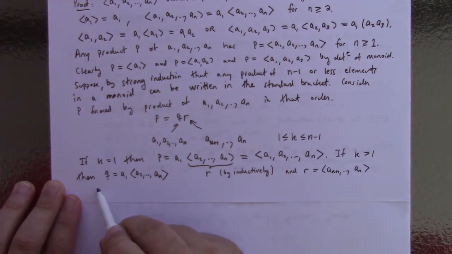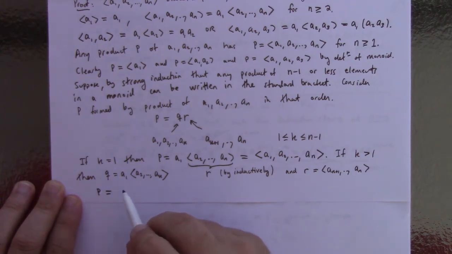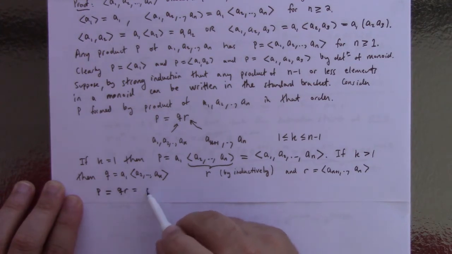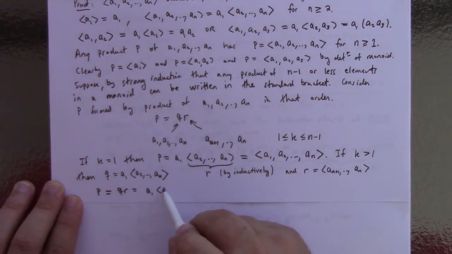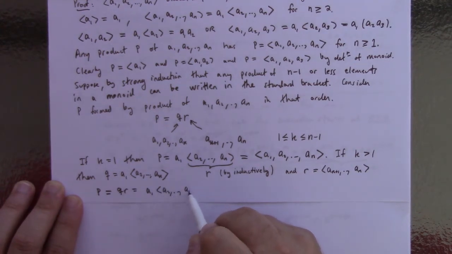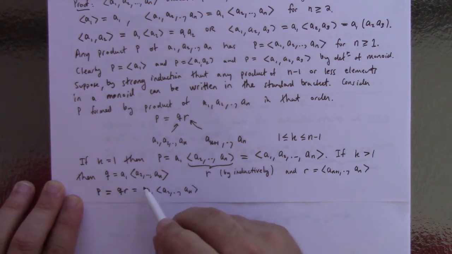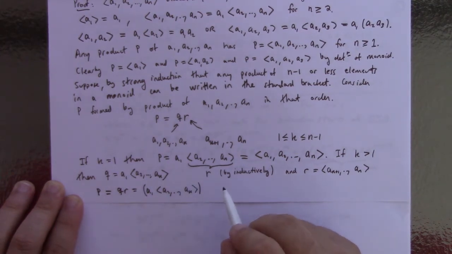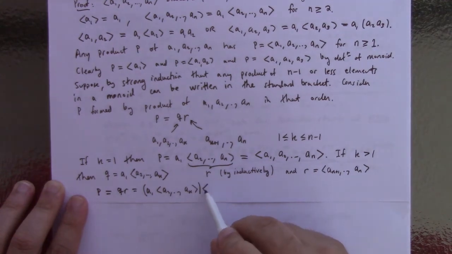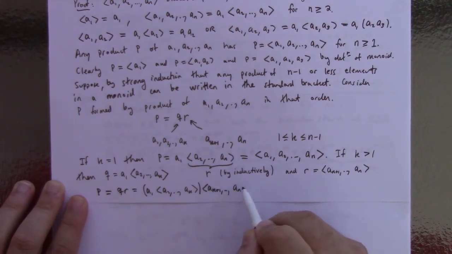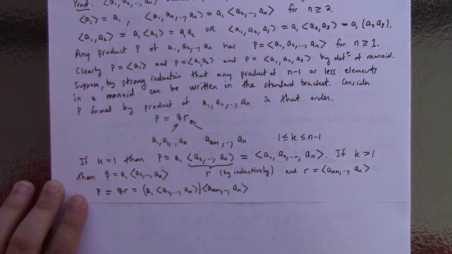So P is equal to QR, right? But that's A1 times A2 through AK, right? Times what? Times AK plus 1 through An, all right? And then by what? By associativity, right?